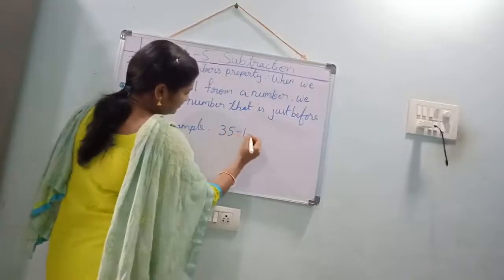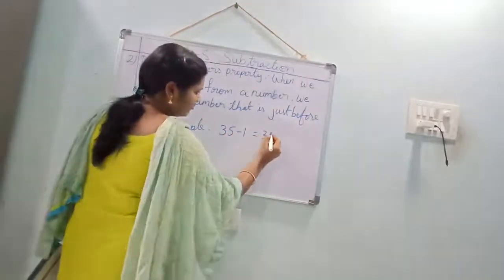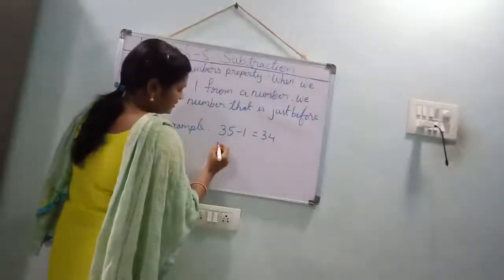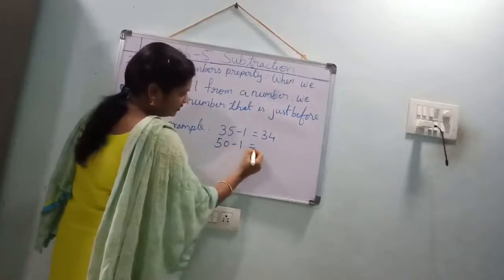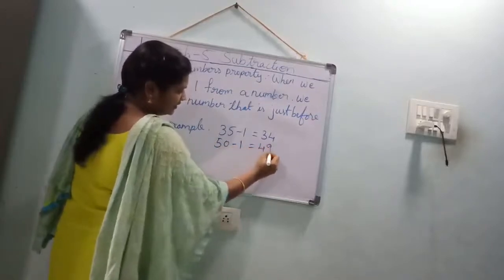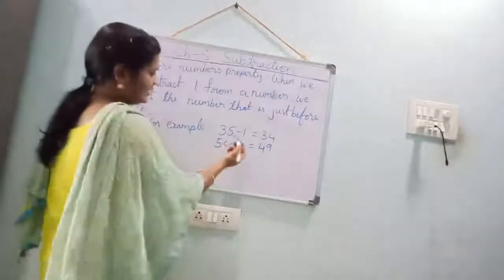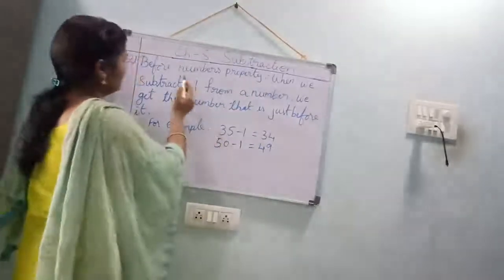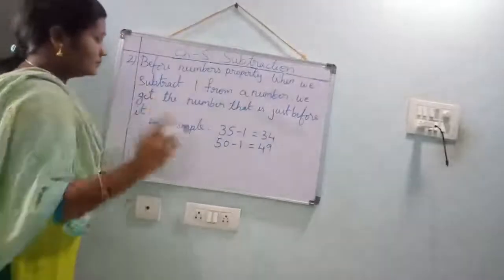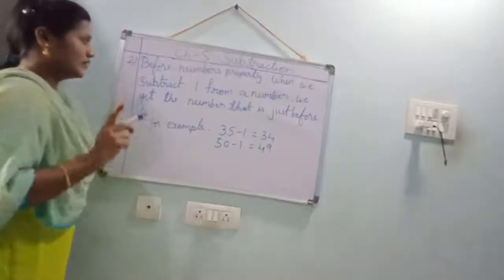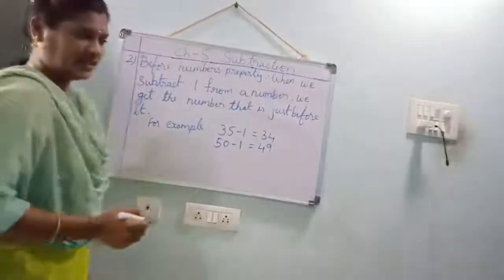For example, 35 minus 1 is equal to 34. 50 minus 1, 49. When we subtract 1 from a number, we get the number that is just before. Understood, children?